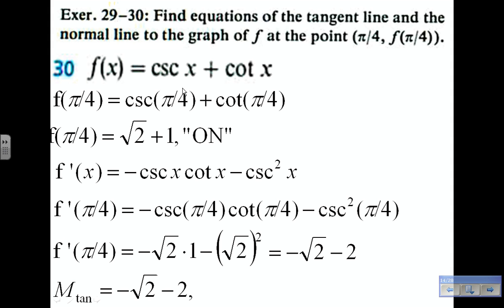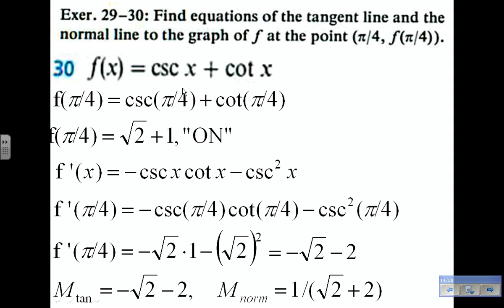Okay? So we know the slope of the tangent line is negative root 2 minus 2. Oh, speaking of that, what's the slope of the normal line? Yeah, negative 1. So what is negative 1 over negative root 2 minus 2? Yeah, 1 over root 2 plus 2, isn't it? So that's the slope of the normal line, 1 over root 2 plus 2.